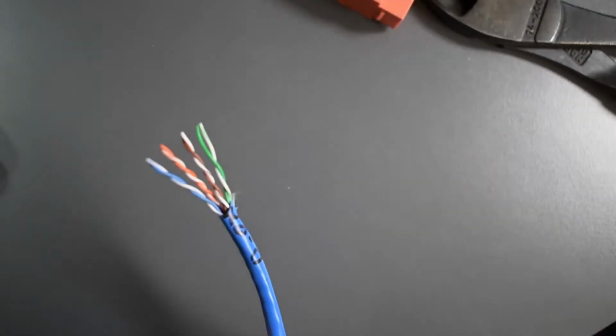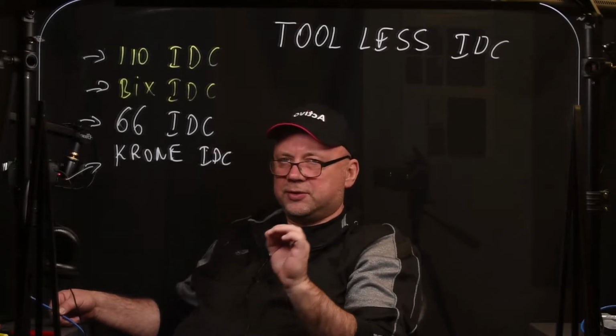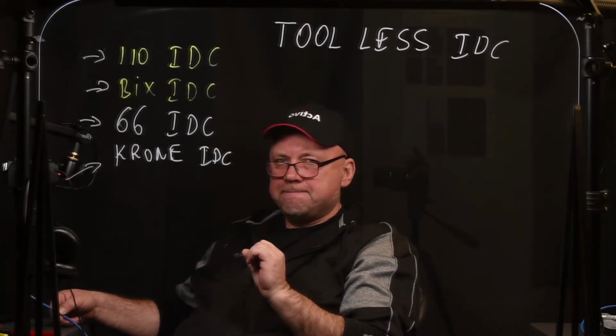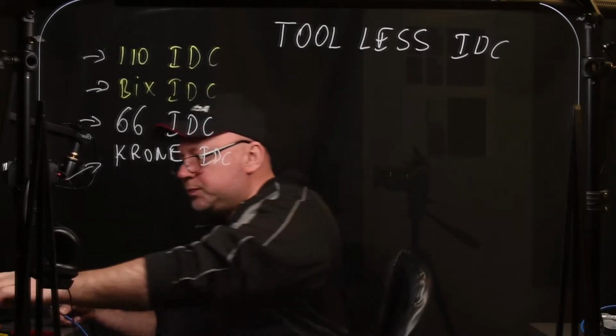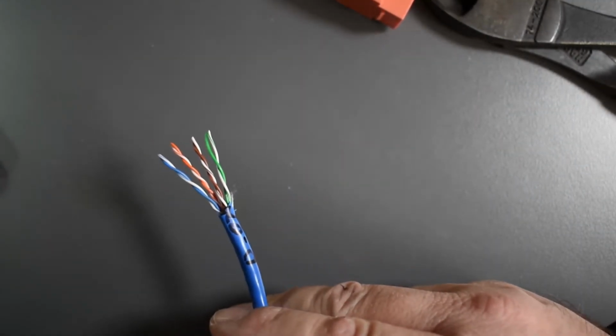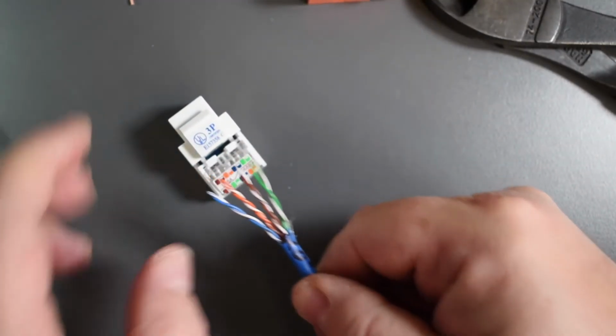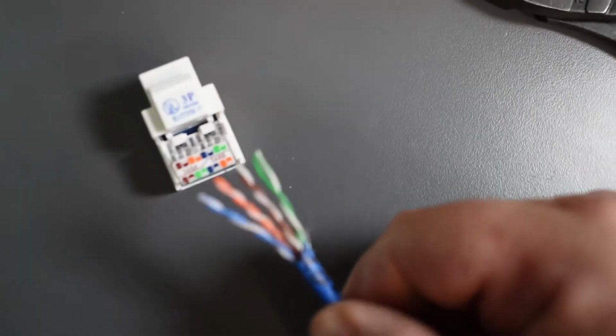As I just told you last time, we should keep the twist right to the punch as much as possible. Do not untwist the wires. If you untwist the wires, you are compromising the specifications of the cable. Now, let's grab one of the jacks here and start arranging the wires.